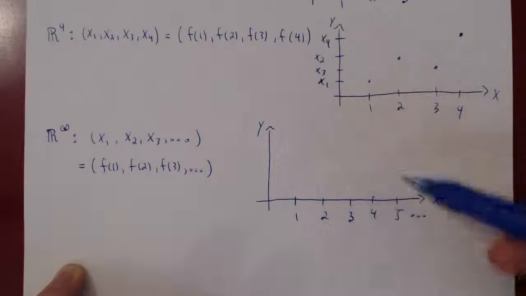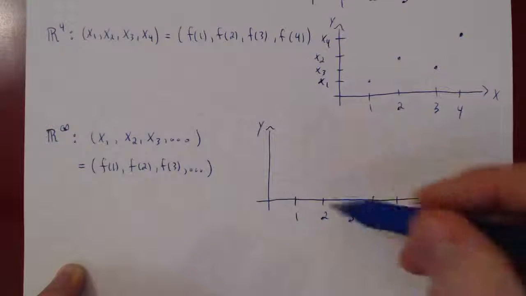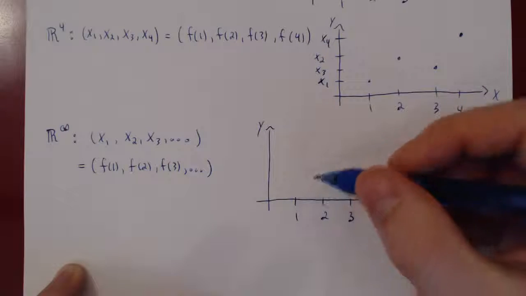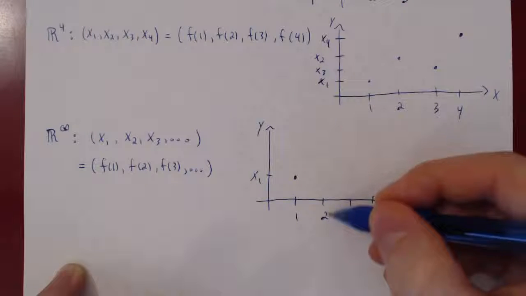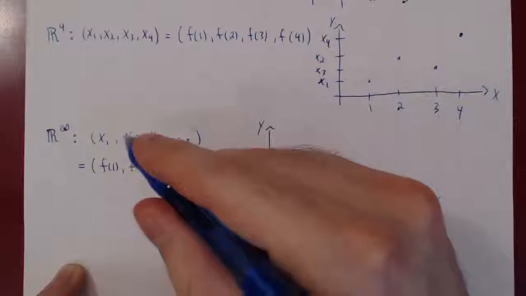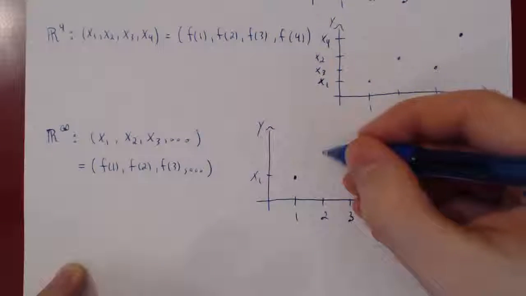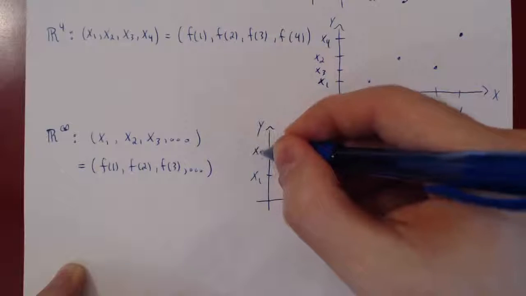And again, the y values are the coefficients of our vector. So the first y value at 1 is the value x1. The second y value at 2 is x2, and so on.